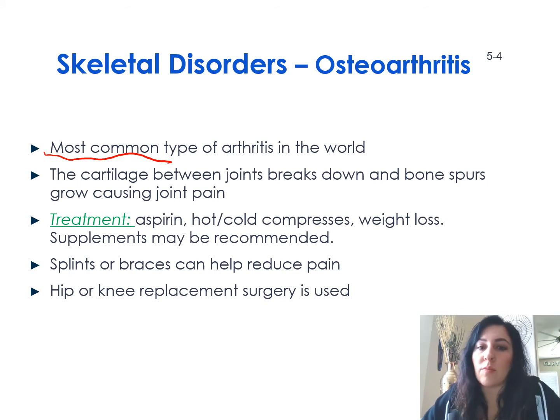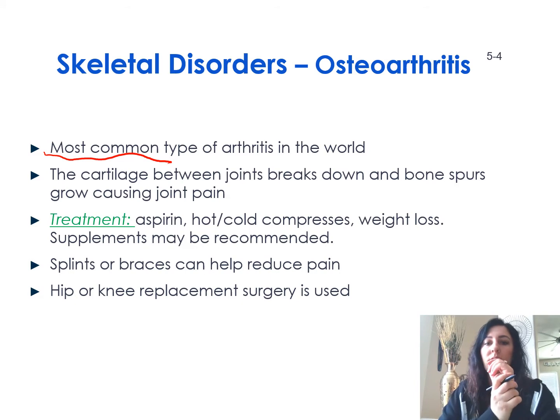So supplements may also be recommended, of course. There are plenty of herbs and vitamins and things like that out there that may help to relieve the pain and relieve some of the inflammation. Okay, I know turmeric is pretty good, and things like that. So you can also use splints and braces and things like that to help reduce the pain.